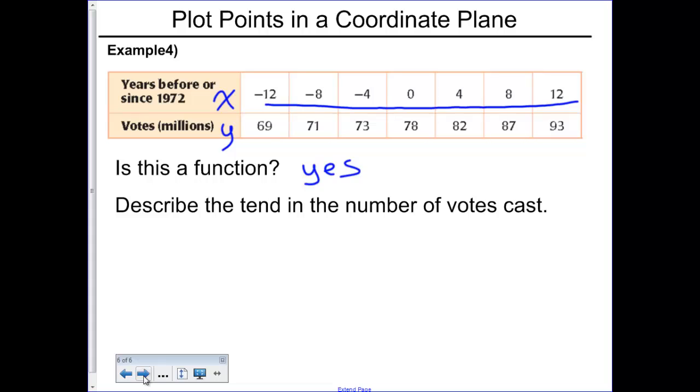Describe the trend in the number of votes cast. Well, as the years progress, as those numbers get higher, what's happening to the y values? Are they getting higher or lower, or can you not tell?